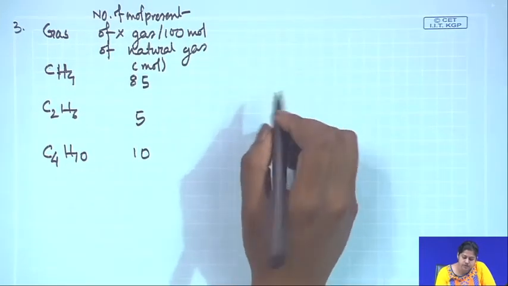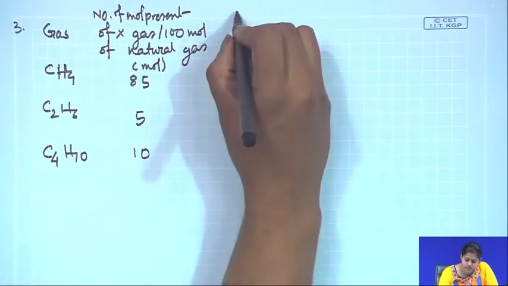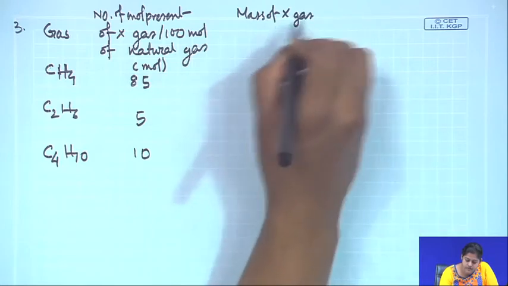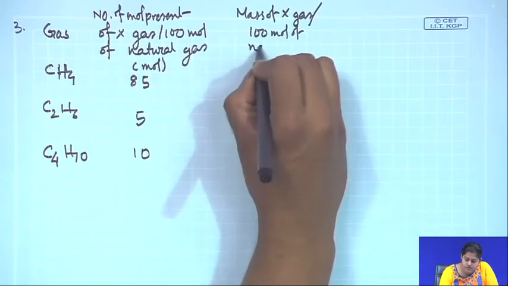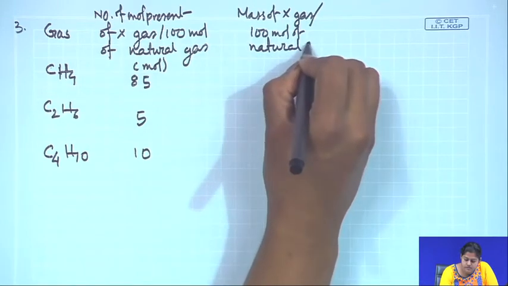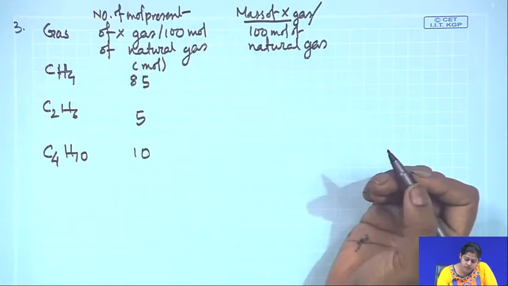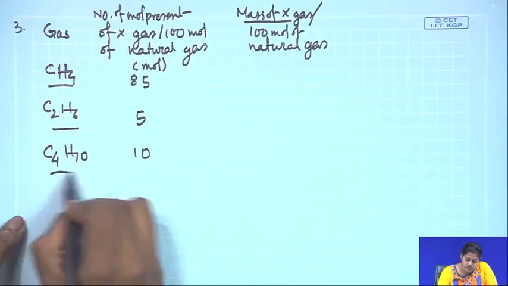Now, we need to calculate the mass of these gases present per 100 mole of natural gas. So, mass of X gas per 100 mole of natural gas. For calculating the mass, we need to consider the molar mass of these compounds.